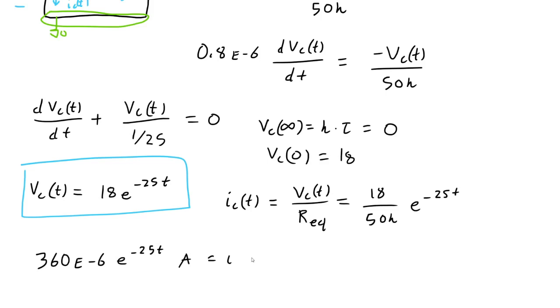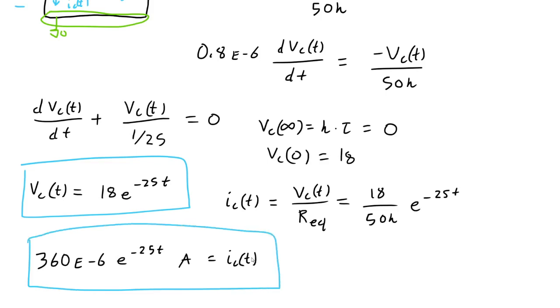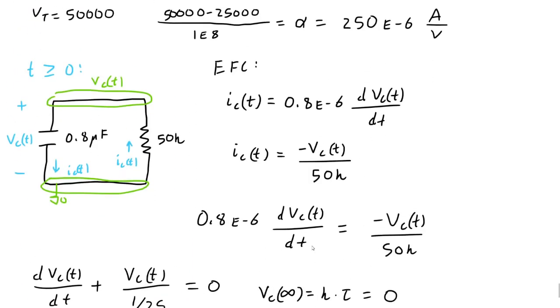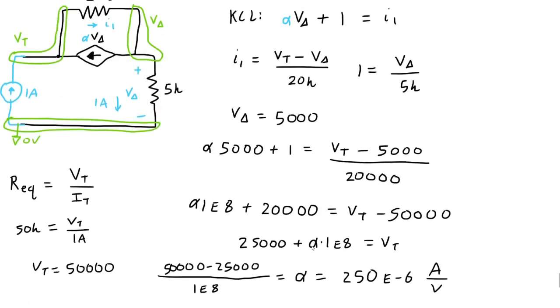That is ICT. So using ICT, we can find out what V delta is with respect to time, because V delta is going to be ICT times 5K, I believe. Right? 5K.